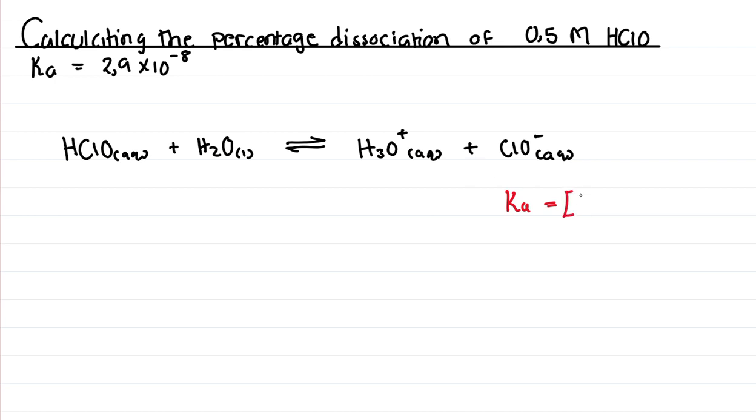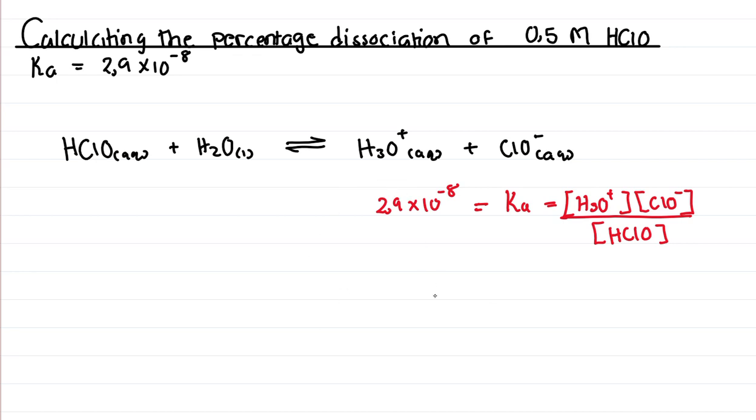So we have H3O plus, multiply that by the concentration of ClO minus, and then divide that by the concentration of hypochlorous acid, HClO, and all of that is equal to 2.9 times 10 to the power of -8.